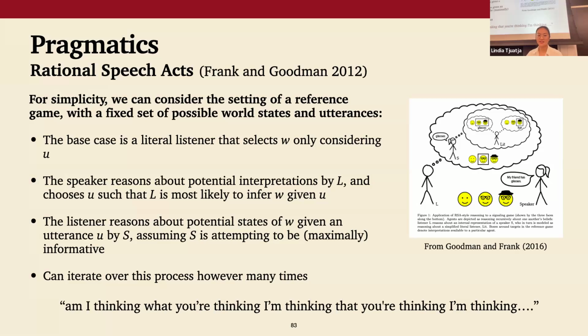So very basic. One level up is the speaker. The speaker at the lowest level will reason about potential interpretations by the listener, with the base case being this literal listener, and choose from a selection of utterances such that the listener is most likely to pick the correct option. So if the speaker was thinking, okay, how can I maximally identify the smiley face with glasses?